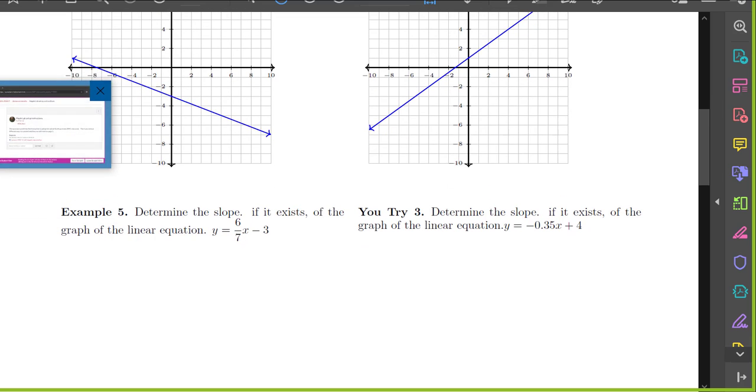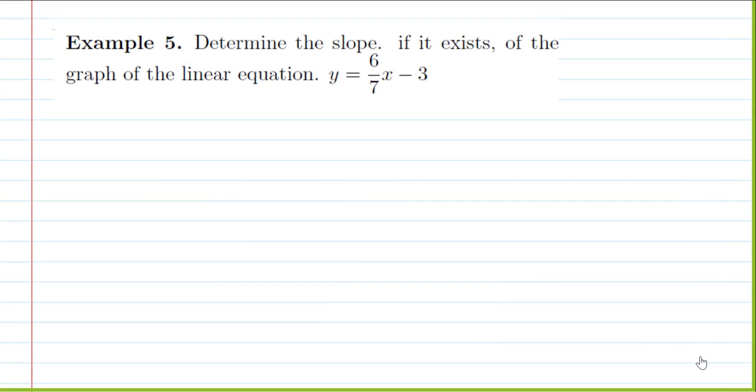For our next example, we're just remembering that formula that we mentioned in the previous section. So y equals mx plus b. The m is our slope, and that's what we're asked to find. So we want to determine the slope, so we're really just comparing this to y equals mx plus b.